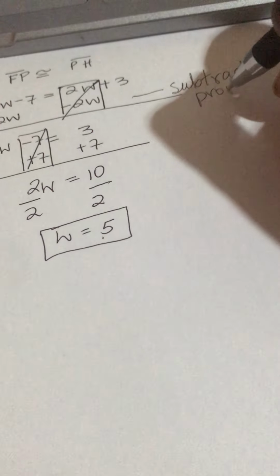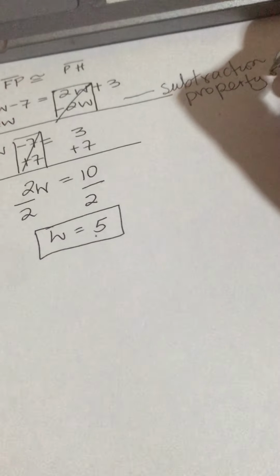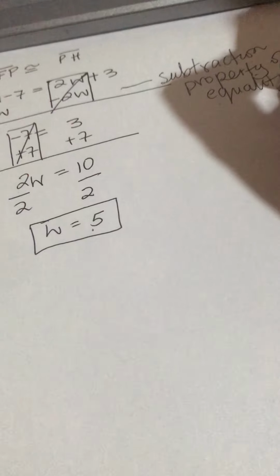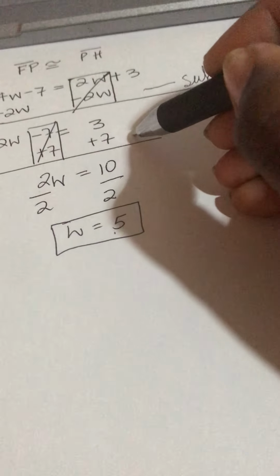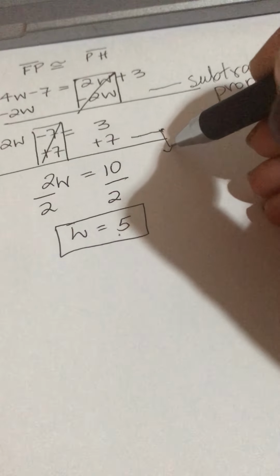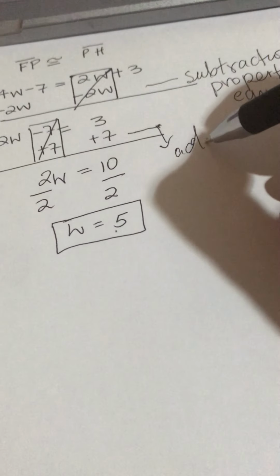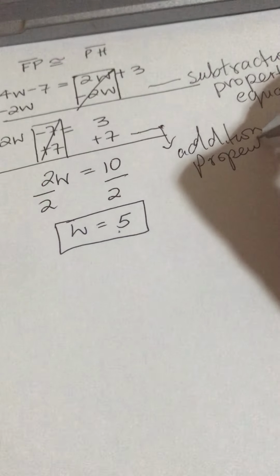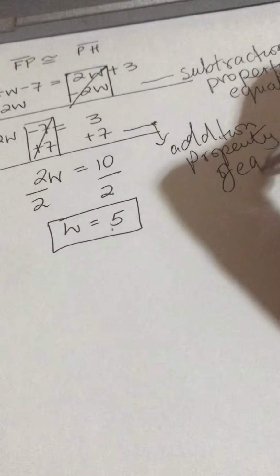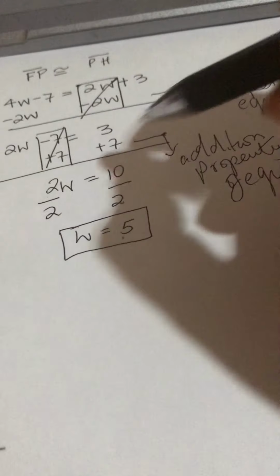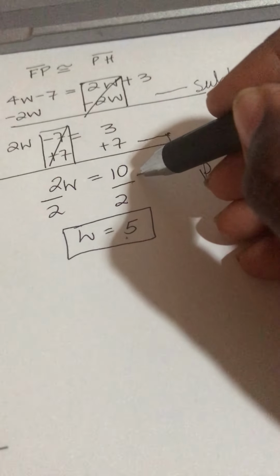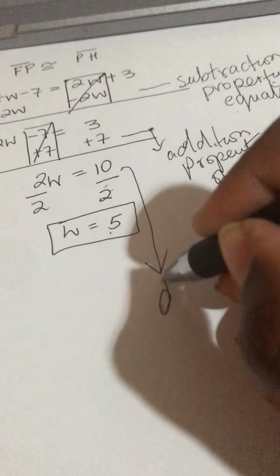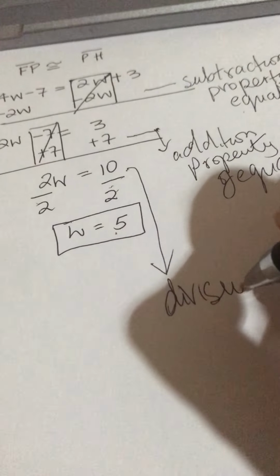Subtraction property of equality, because you're subtracting the same value on both sides. This one, addition property of equality, and this one, division property, because you're dividing both sides by the same value, division property of equality.